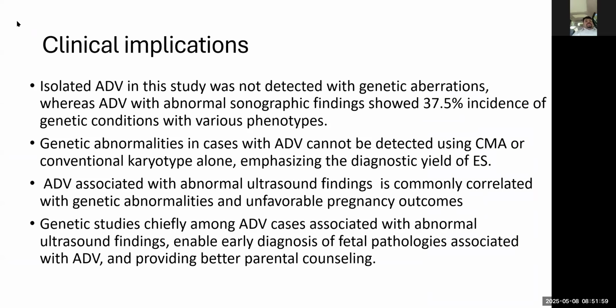Now go back to the study's clinical implication. Yes, sir. The clinical implication of this study is that isolated ADV was not detected with genetic aberration, whereas ADV with abnormal sonographic findings showed a 37.5% incidence of genetic condition with various phenotypes. So that is not in line with what we have found, isn't it?